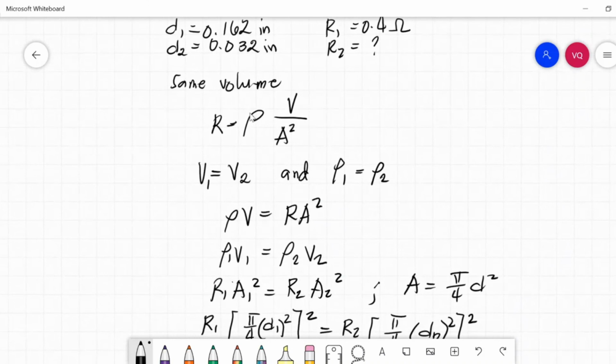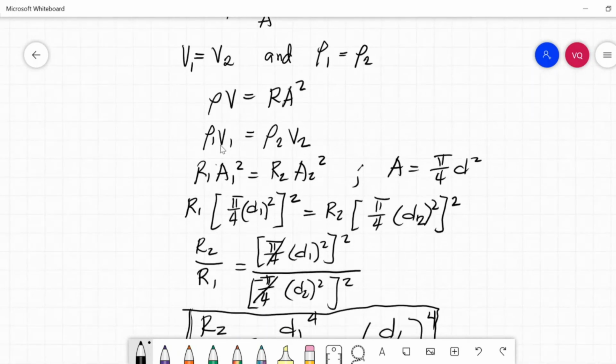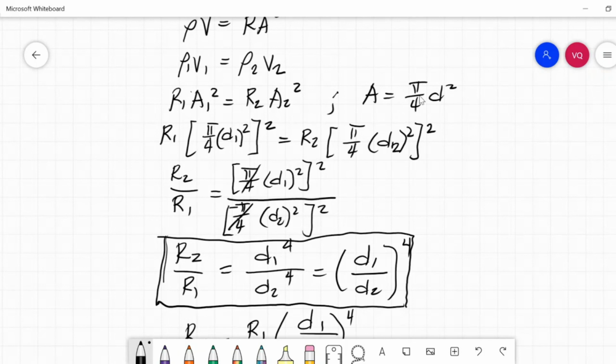So from here, the resistivity multiplied by the volume is equal to RA squared. So resistivity 1 times V1 is equal to resistivity 2 V2. Therefore, R1 multiplied by A1 squared is equal to R2 A2 squared, where A is equal to pi over 4 D squared. We will substitute this area here in A1 and A2.